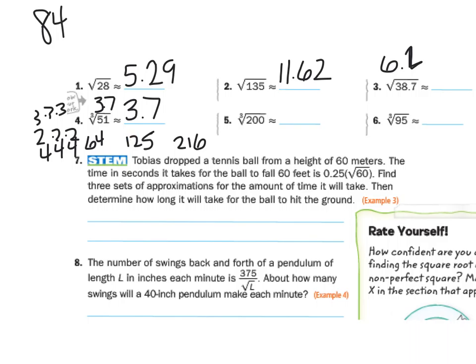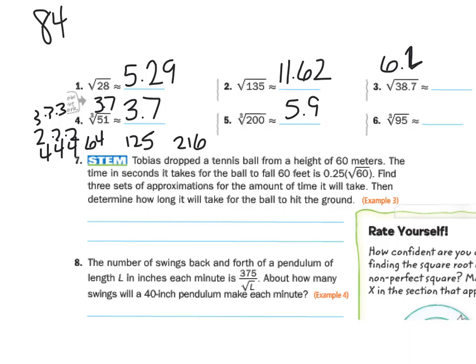Now 200 is really close to 216. This was 6 times 6 times 6. So I have to think it's going to be about 5.9. So again, I'm going to put in 200 cube root and get 5.85. So pretty close, 5.85, 5.9.